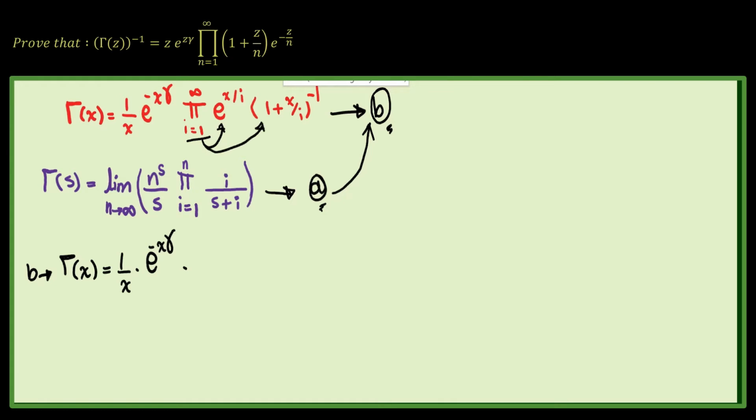So we can write pi i equal to 1 to infinity of e to the x over i multiplied by pi i from 1 to infinity of 1 plus x over i raised to minus 1. Okay, these are the parts of B.